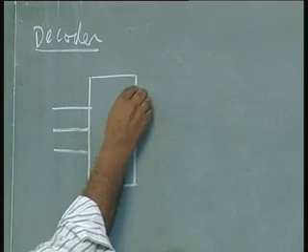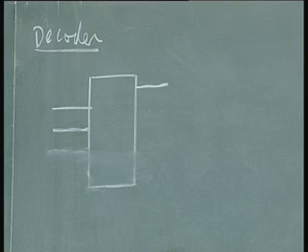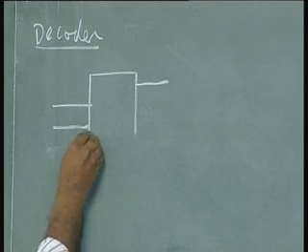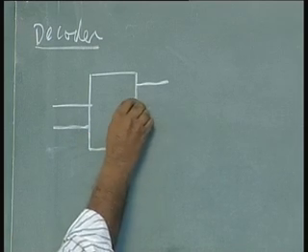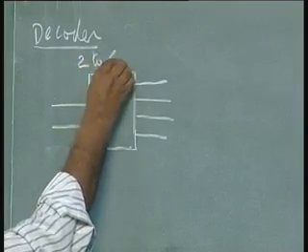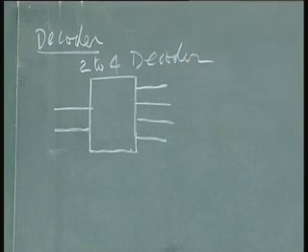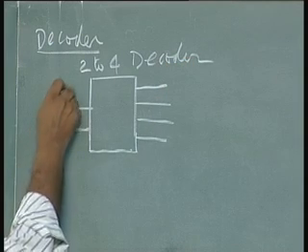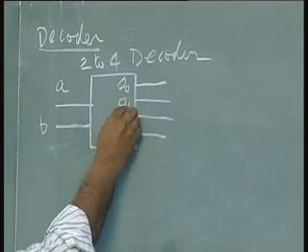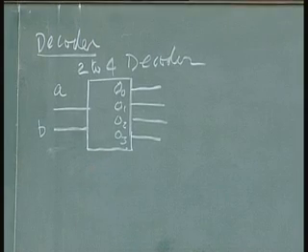For example, let us take a simple case of 2 inputs and 4 outputs. This is called a 2 to 4 decoder. That means you have 2 inputs and 4 outputs. Let us call these inputs A and B, and outputs O0, O1, O2, O3, meaning output 0, output 1, output 2, output 3.